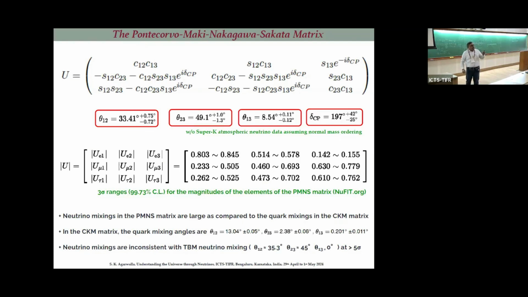But I told you, if you take Super-K data, the fit goes to the opposite octant, 42 degrees. You can't ignore Super-K. Here, this is without Super-K. That means your data is not stable enough to answer this question. It fluctuates, right? So that's why I'm telling you, know the range, lower and higher. But which octant it belongs to, whether it is really deviated from 45 degrees, these are open questions.